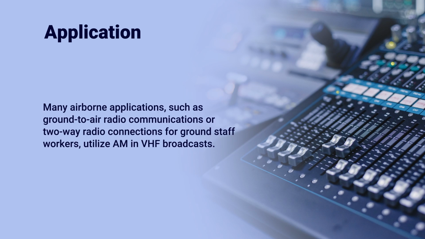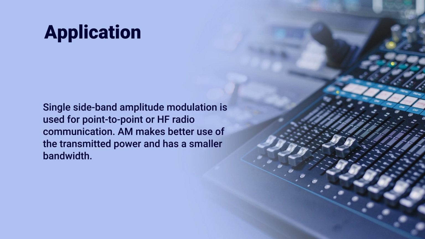Next application is airborne communication, such as ground to air radio communication or two-way radio connections for ground staff workers, which utilize AM in VHF broadcast. The third application is single sideband amplitude modulation, used for point-to-point or high frequency radio communication, which makes better use of the transmitted power and has a smaller bandwidth.